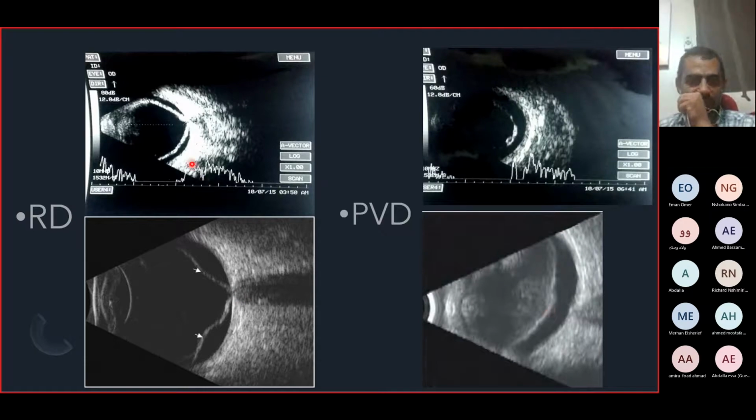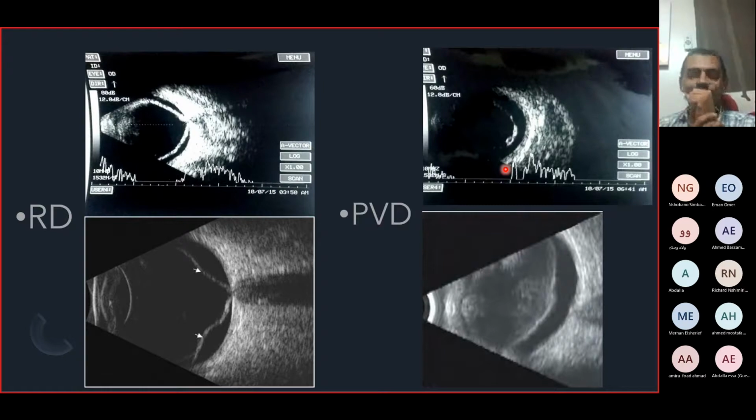What's number two? If I look at this part, and look at that part, what's the difference between them? I'm giving you a clue. Which one has higher reflectivity? Which one is thicker? The retina has higher reflectivity, because if you are doing vitreoretinal surgery, you'll find that the retinal tissue is very thick in comparison to the posterior vitreous.